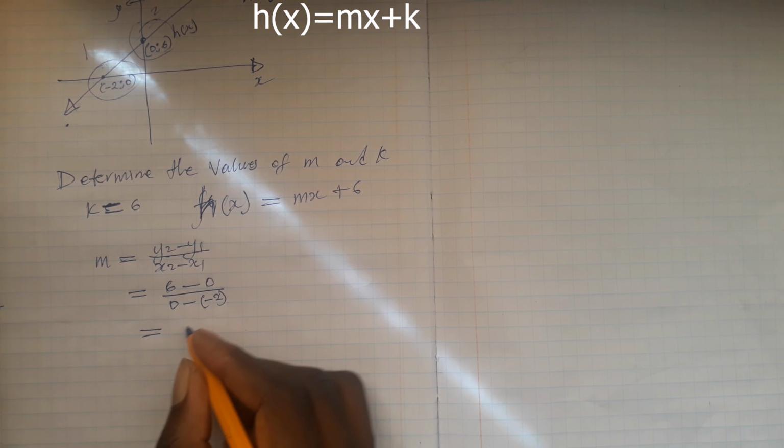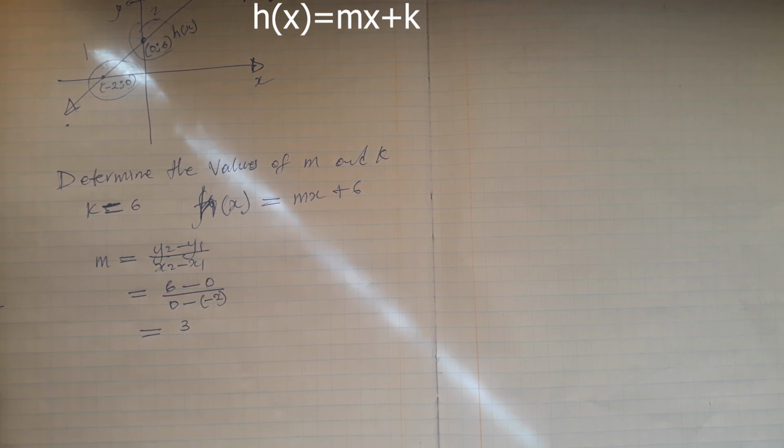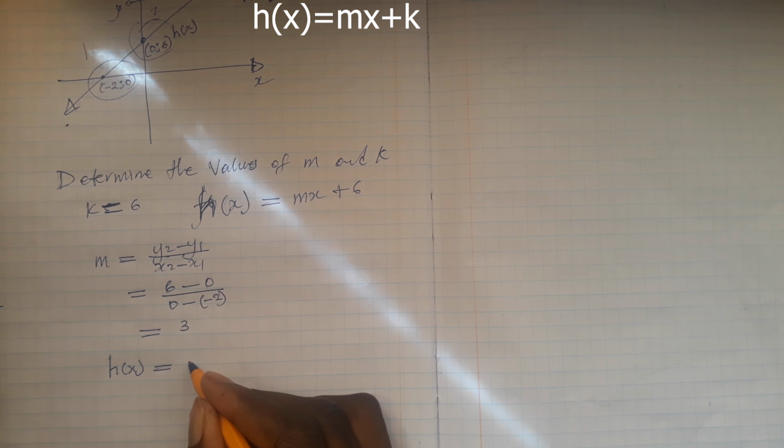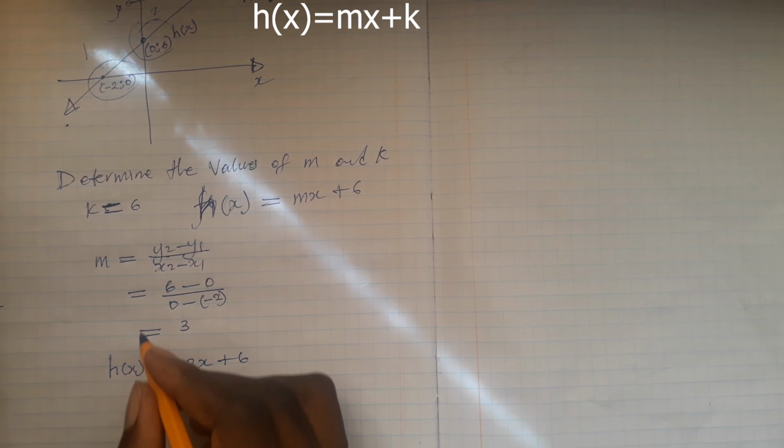This is going to give us positive 3. In other words, our equation is going to be h of x equals 3x plus 6.